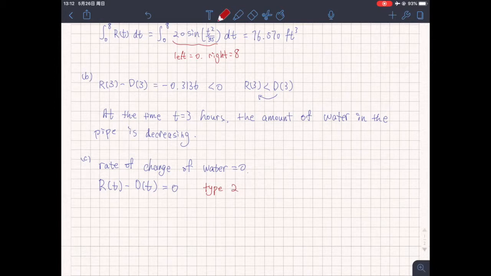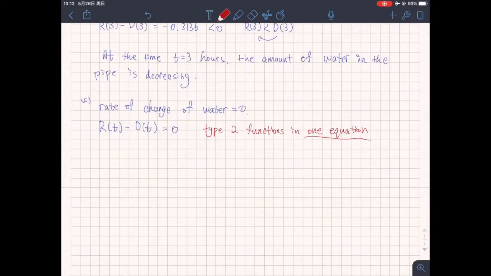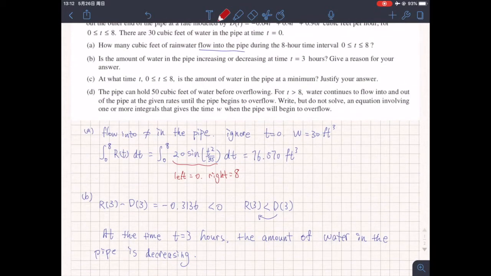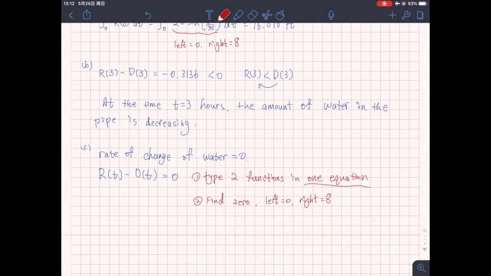Now we can take out our graphing calculator and type the two functions in as one equation, function r(t) subtracted by function d(t). Then we hit graph, and then we do second calc and choose number 2, which is zero. Set the left bound to 0 and right bound to 8 because the time interval is from 0 to 8, and hit enter.